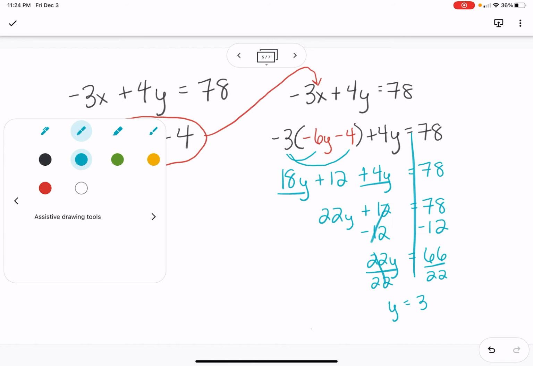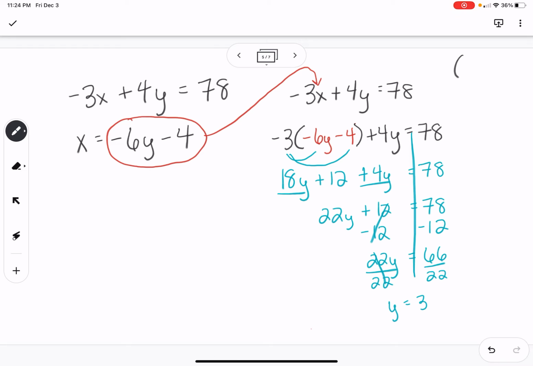So again, not done. Our answer is a point made up of an x and y. I just found half of my answer. And this time I found the y. Y is 3, so I'm plugging that 3 in the y spot up here.